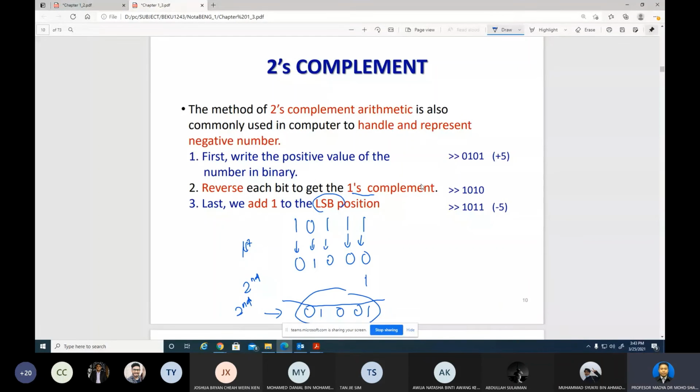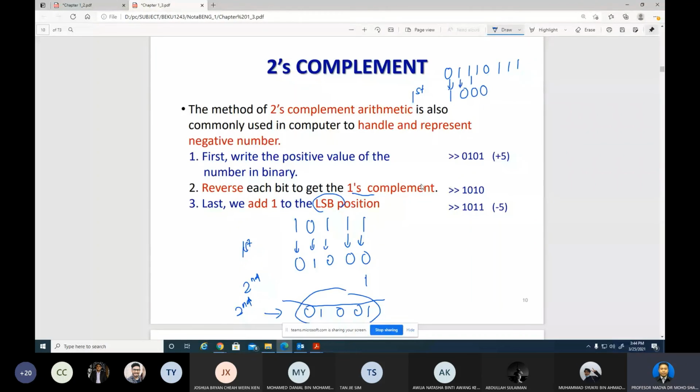Maybe I will try another example here: 0 1 1 1 0 1 1 1. Try to do the second complement for this number. First step, you have to remember, for the second complement we first do the first complement. Invert the input, so this one will be 1, this one will be 0 0 0.